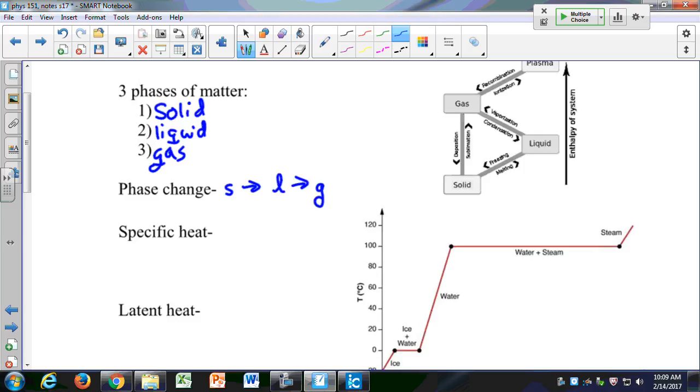The specific heat describes how much energy is required to change the temperature of an object.